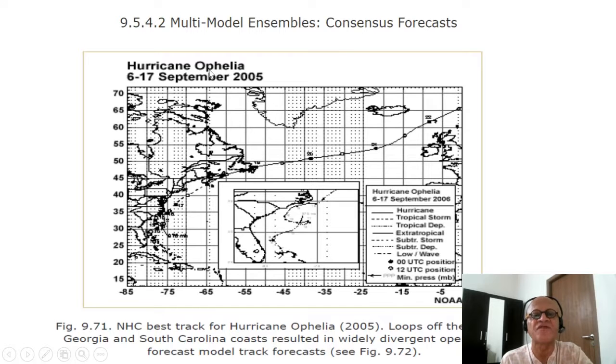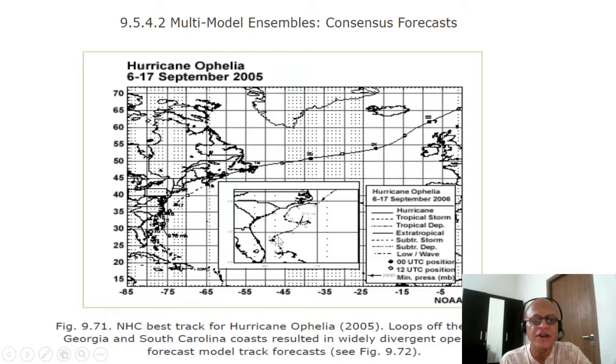This is an example of Hurricane Ophelia, which did some crazy loops off of Florida and then Georgia and North Carolina, I think. You can see that here approximately. There are better images on Wikipedia if you want. This is the National Hurricane Center best track for Hurricane Ophelia in 2005.